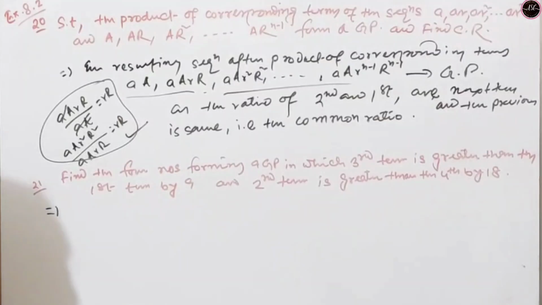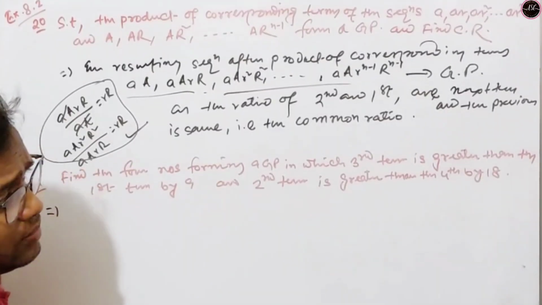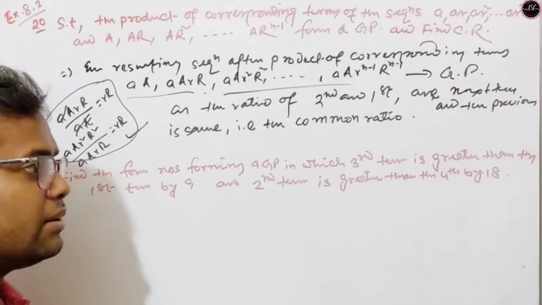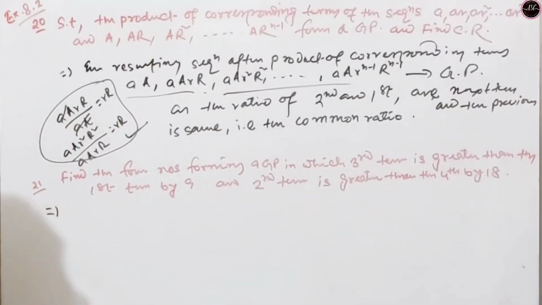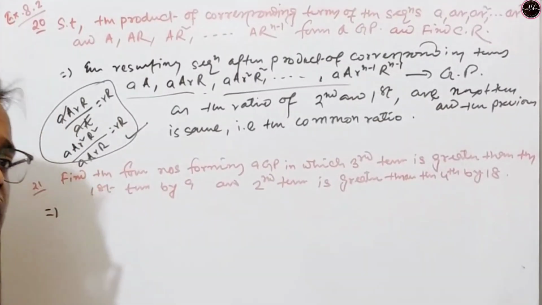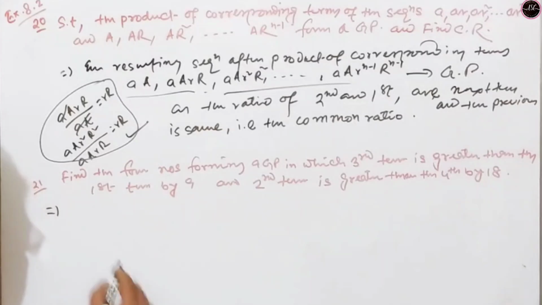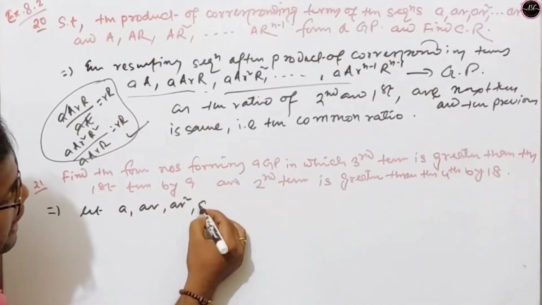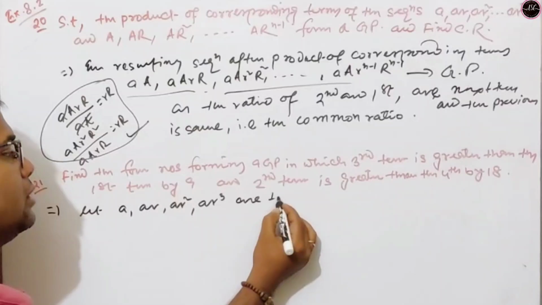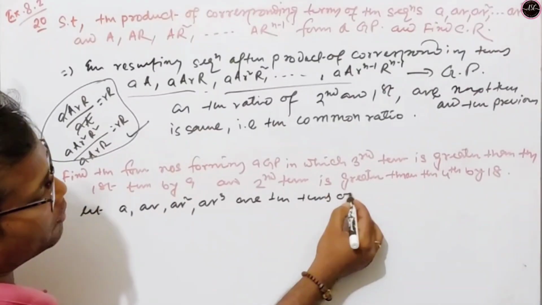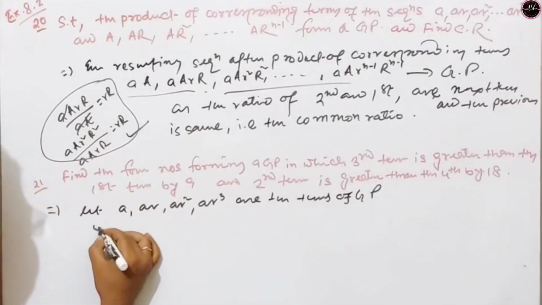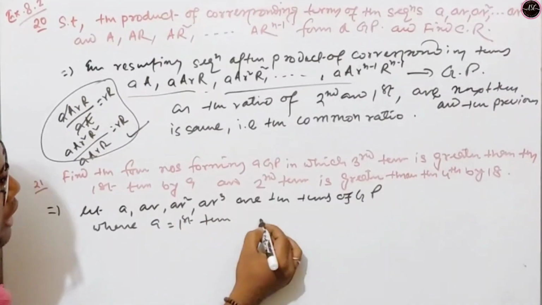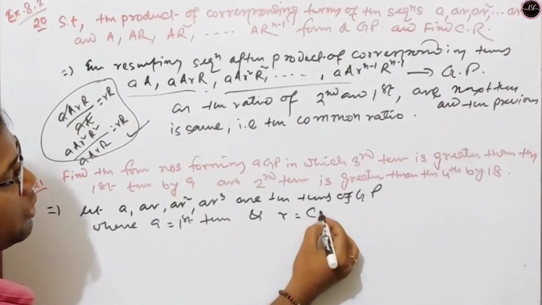Find the four numbers forming a GP in which the third term is greater than the first term by 9 and the second term is greater than the fourth by 18. So we first assume the four terms. Okay, let a, a r, a r square, a r cube be the terms of GP, where a equal to first term and r equal to common ratio.